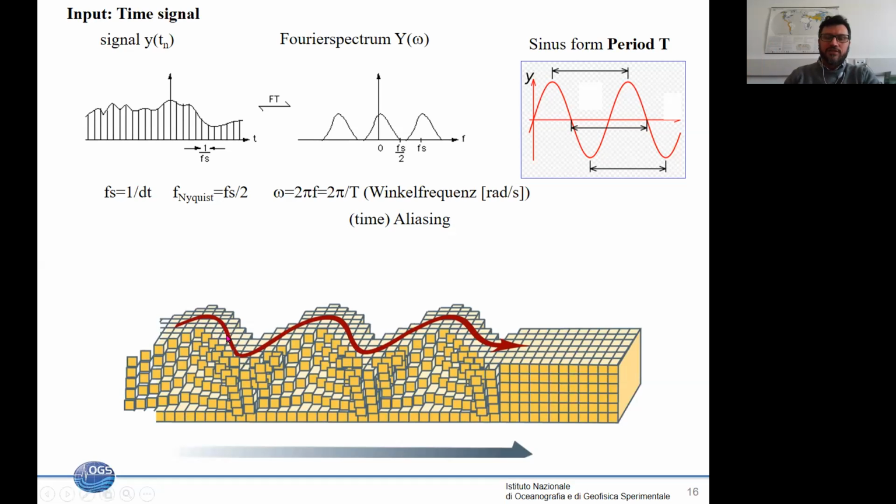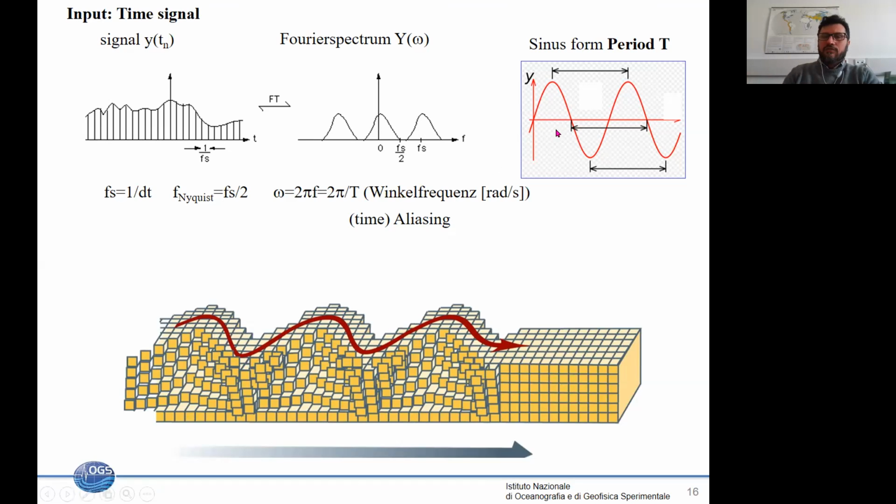Now you put many sensors, sampling at a certain position along the wave propagation, and you can obtain the value at each instant of time of the amplitude of movement of your ground.